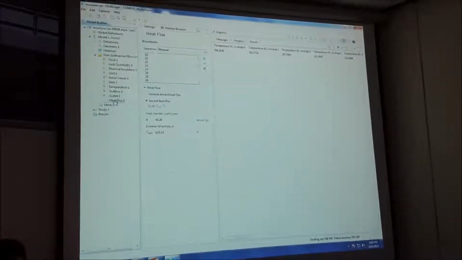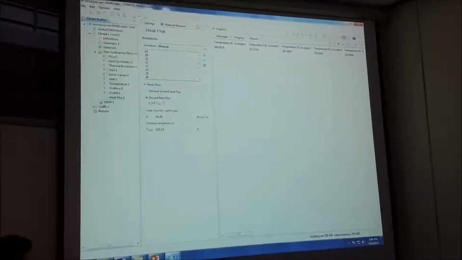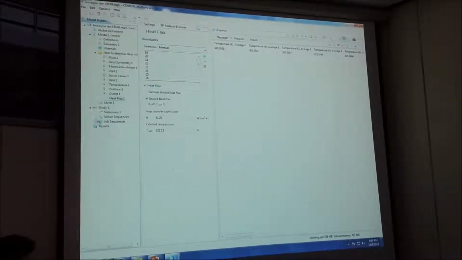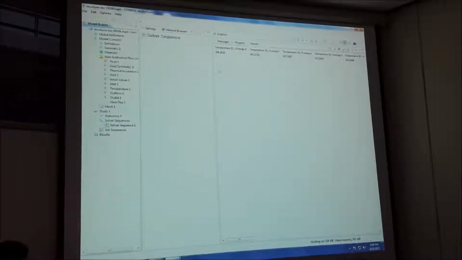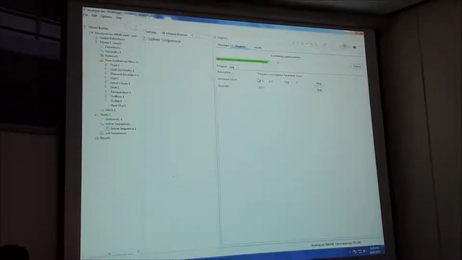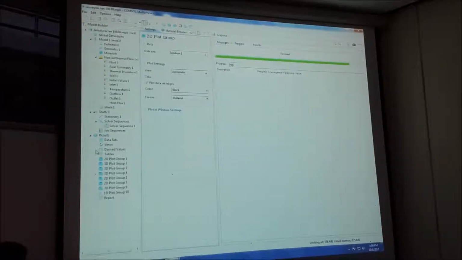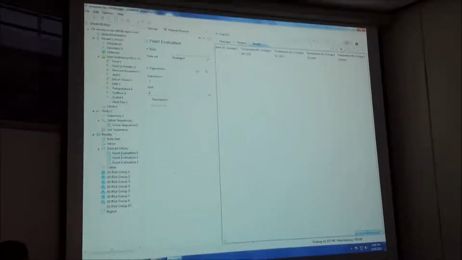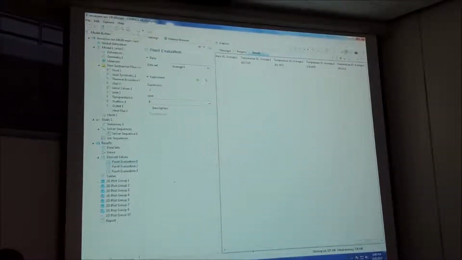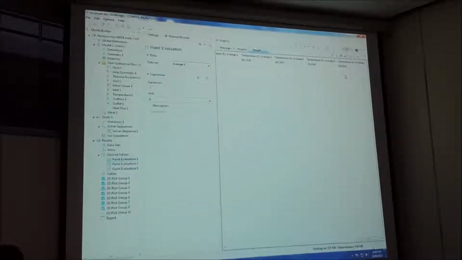You can put any value until you get the desired T2 value, which for our group is 105 degrees Celsius. We also define our T exit as 350 degrees. Go to Study 1, compute, and then go to Derived Values, Point Evaluation 1, and press evaluate. From there, you can see from the table that we have already got our T2 value, which is 105.